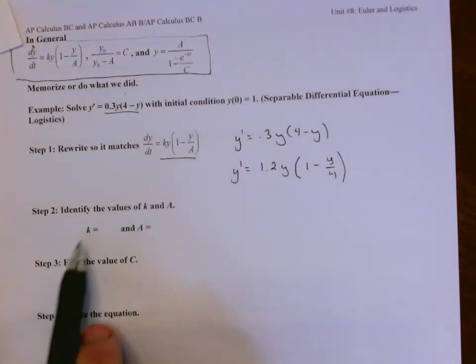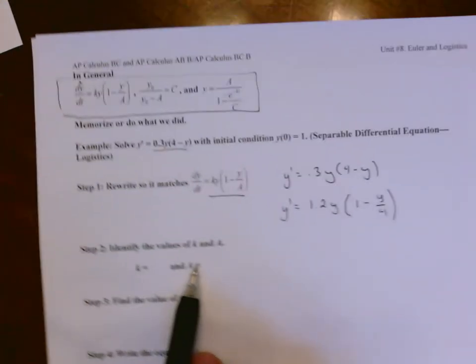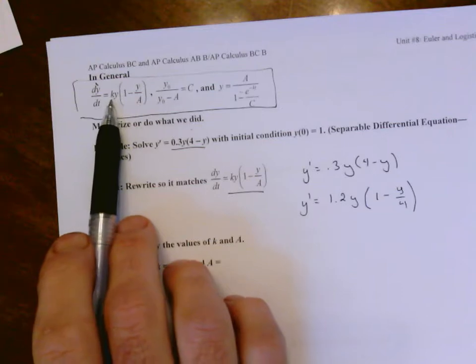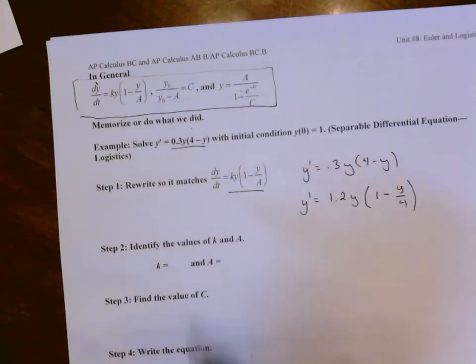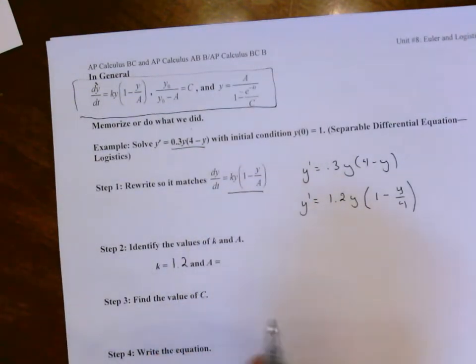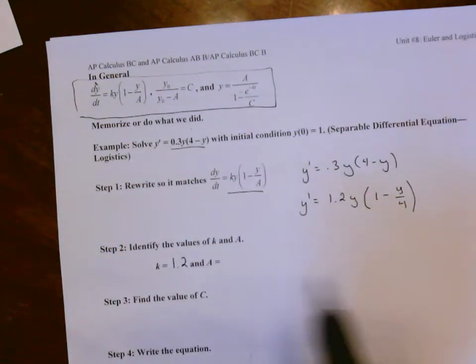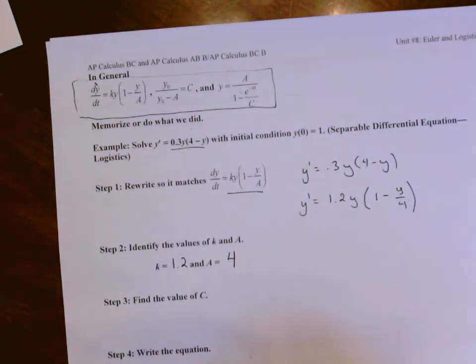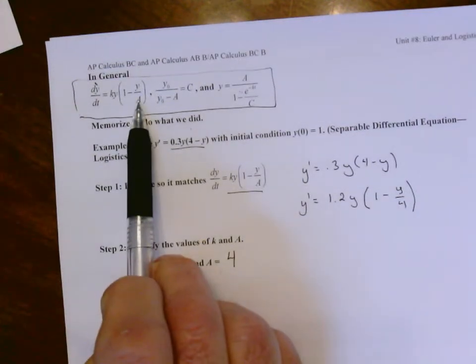And so identifying what k and A are, looking back up here at this equation, k is just the first constant. So this is 1.2, and A is 4. And by the way, we should take a moment to talk about what A is.